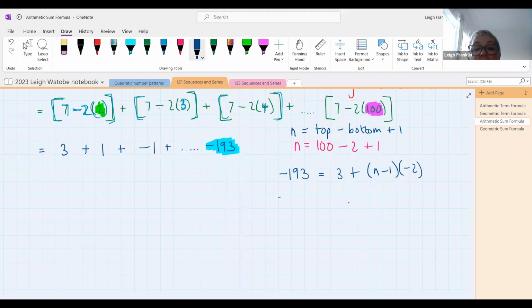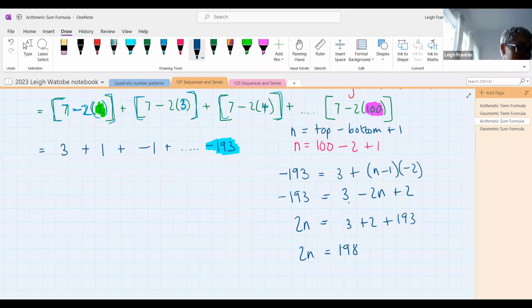So we've got -193 is equal to 3 - 2n + 2. I'm going to bring my 2n over to this side, and I'm going to leave my 3 plus my 2, plus my 193 over here. So that means that 2n is going to be equal to 198. And I'm going to divide both sides by 2, and that's going to give me 99.